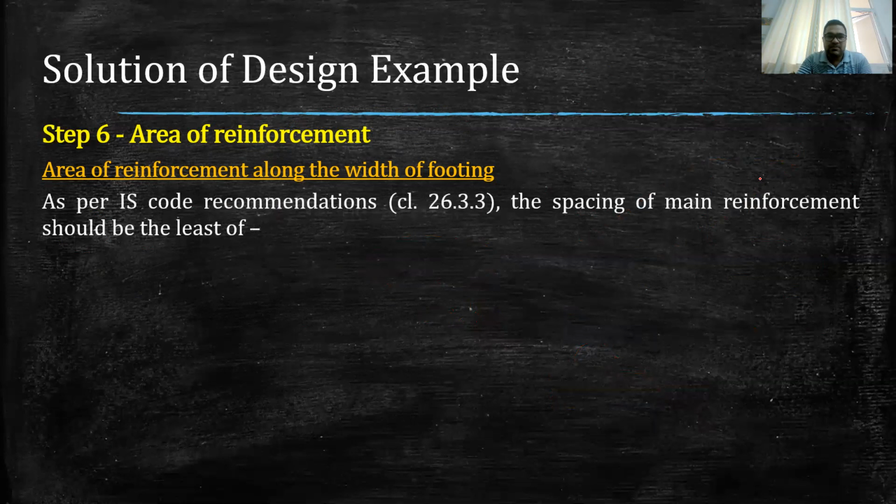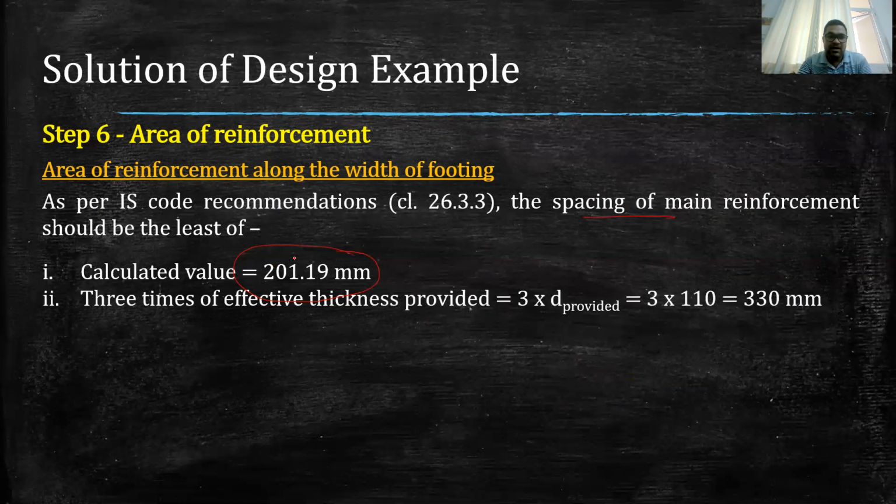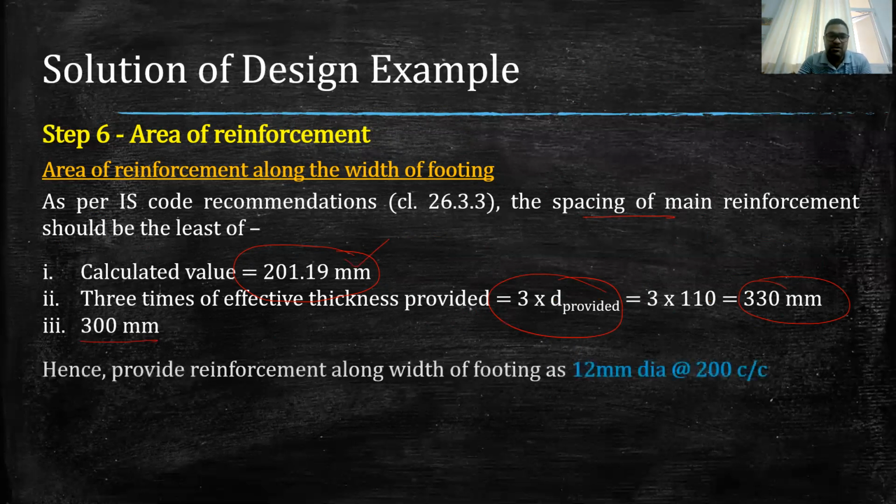As per recommendation, the spacing of the main reinforcement should be the least of: the calculated value, which is 201.19; second, 3 times the effective thickness, which is 3 times D, which is 330 mm; and third, 300 mm. The least value is 201.19, therefore we provide the main reinforcement along the width as 12 mm dia at the rate of 200 center to center.